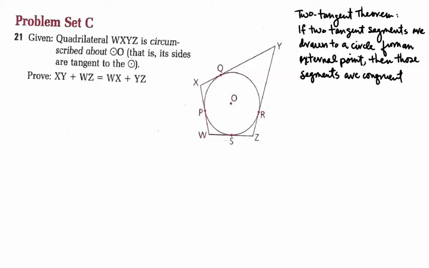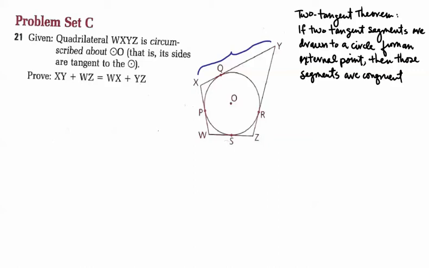Well, we're looking for XY plus WZ. And XY is constructed of these two segments, XQ and QY. Now, what we're trying to show first of all is that XY is going to be equal in length to WX.